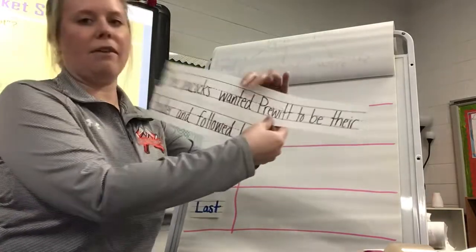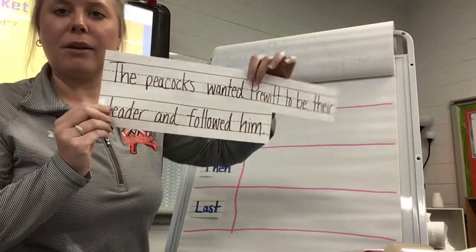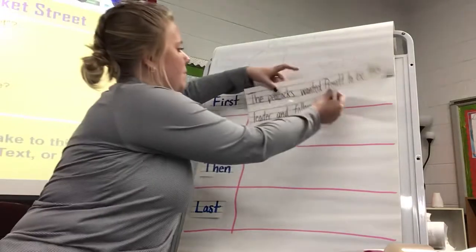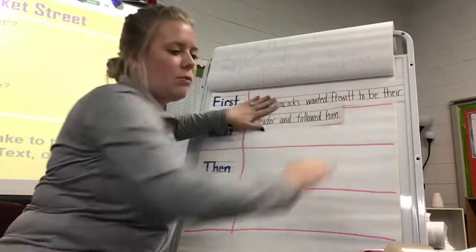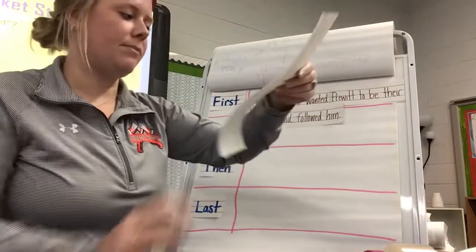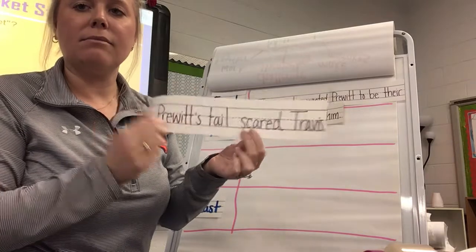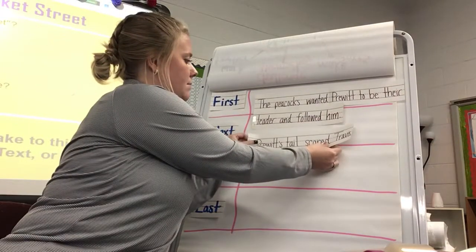So first we have the event that the peacocks wanted Prewitt to be their leader and they followed him. So there's one event that happened in the story. Prewitt's tail scared Travis. There's another event.